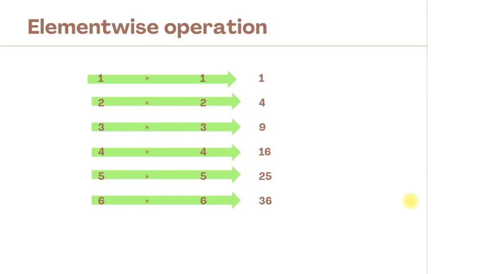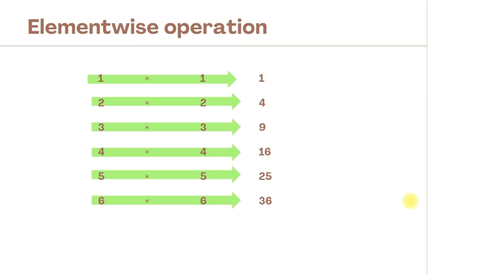So R will line up these vectors and perform a sequence of individual operations. It multiplies the first element of vector 1 by the first element of vector 2, the second element of vector 1 by the second element of vector 2, and so on until every element of the vector is multiplied.